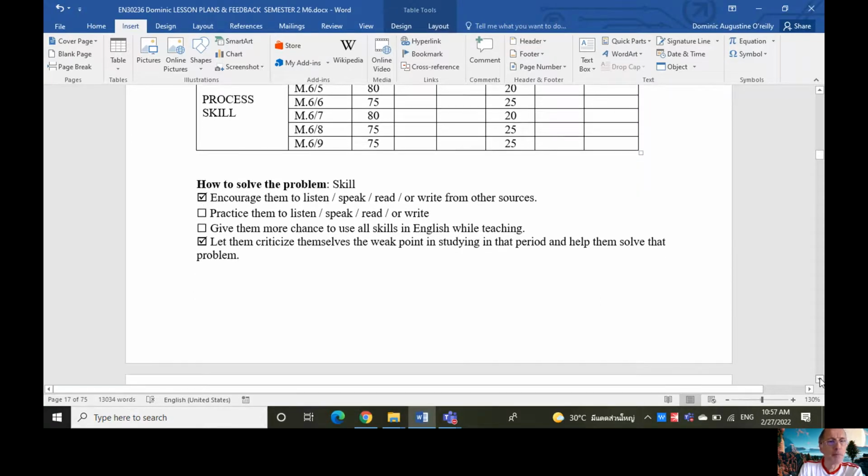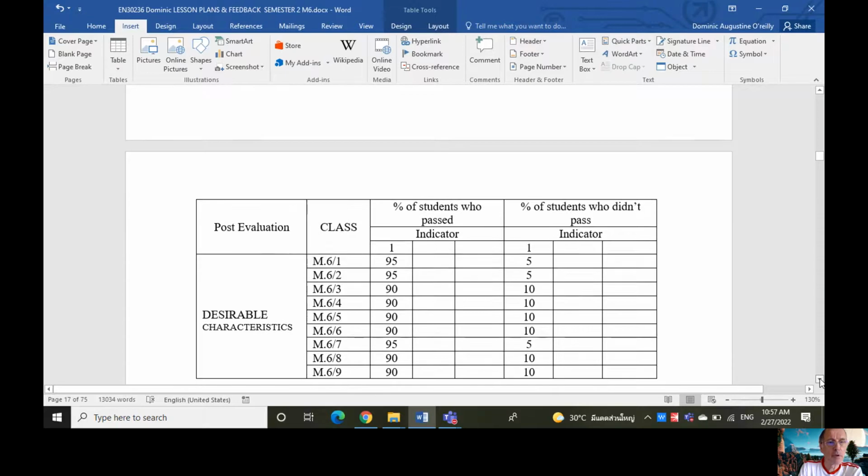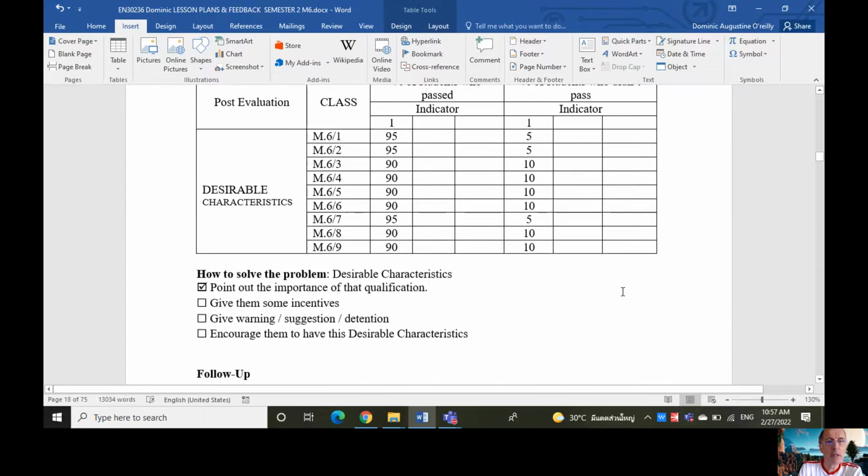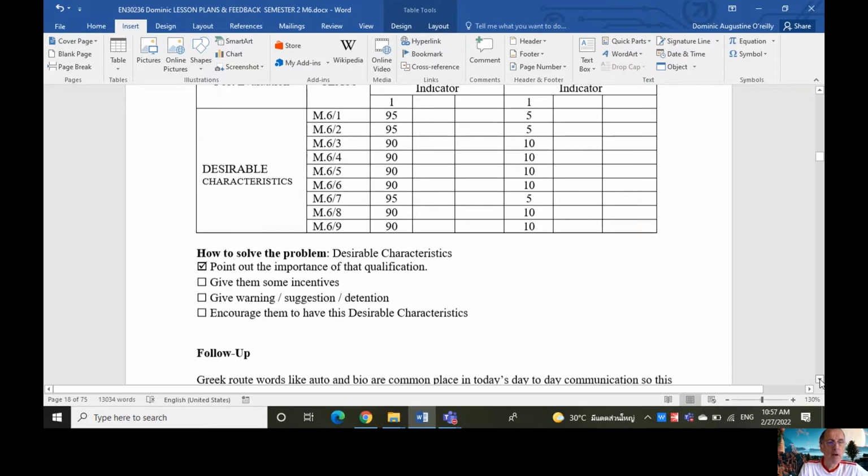So now we're going down to desirable characteristics, and in this particular aspect, a vast majority of the students got it. Okay, so how to solve the problem about students who are not grasping the desirable characteristics. Point out the importance of that qualification is what I've ticked there.